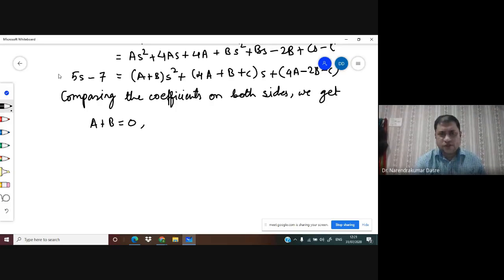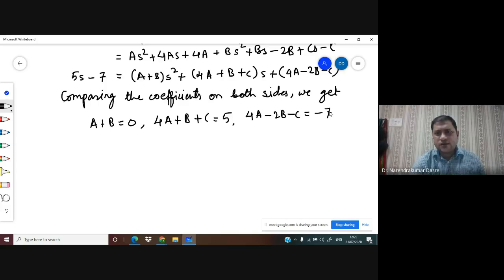Then 4A + B + C = 5, the coefficient of s, and 4A minus 2B minus C = -7. Okay, so those are the equations we have. So we can solve these equations.